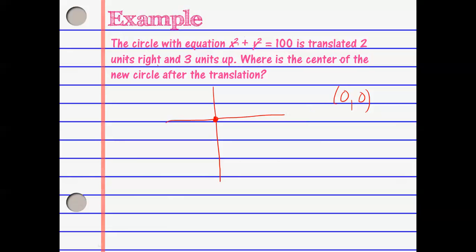Now, if I translate it 2 units to the right, and then up 1, 2, 3, here is my new center. So my new center is going to be x is 2, y is 3.